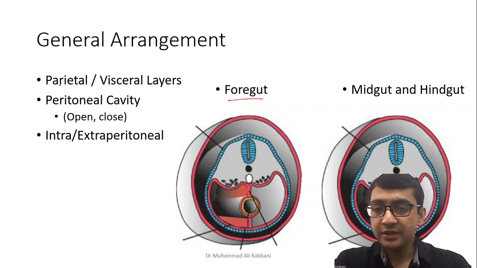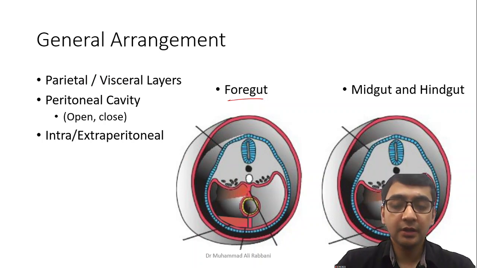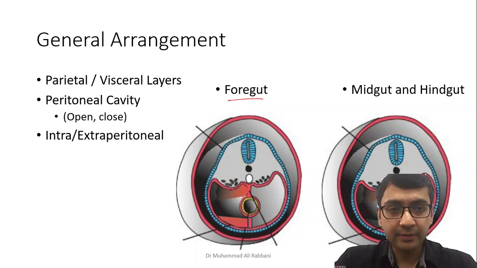So by now we have discussed what is the parietal layer, what is the visceral layer, and what is the peritoneal cavity, which is between these two layers. You have seen in the example of the punch that the actual cavity was not entered by the punch. The actual peritoneal cavity is a closed cavity in males, and the organs are present basically outside, surrounded by visceral peritoneum.